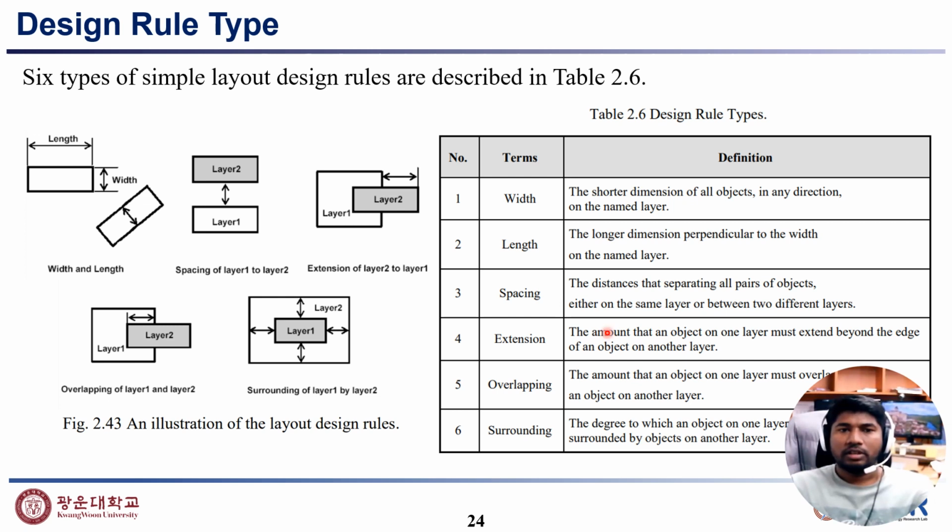Design rule type. So there are six types of simple layout design rule that are described in this table.